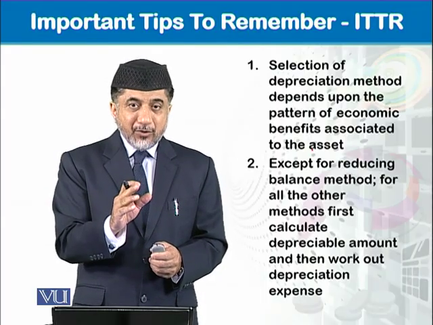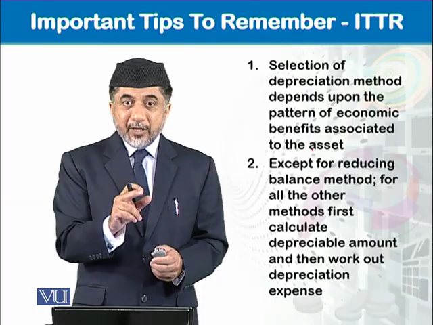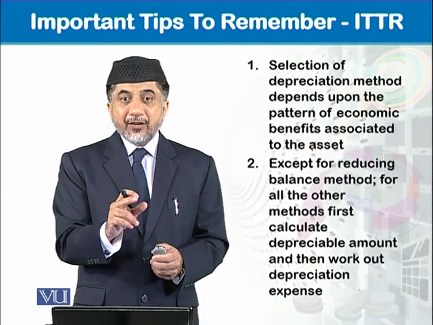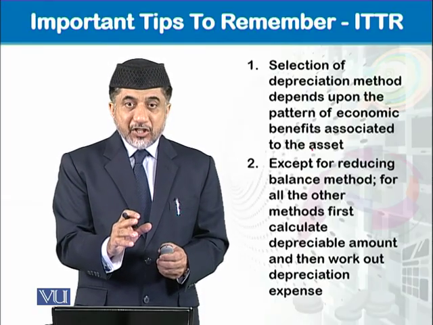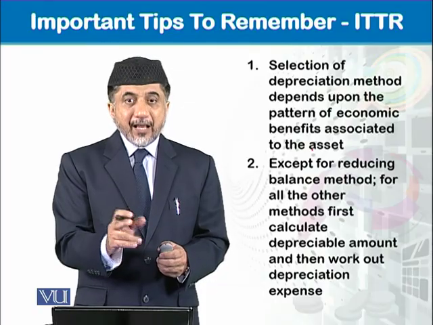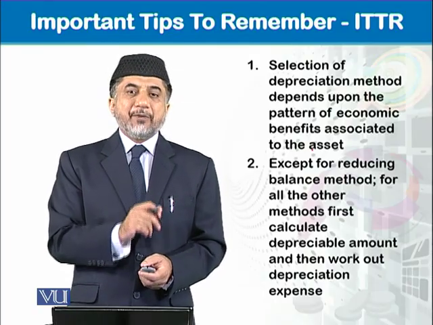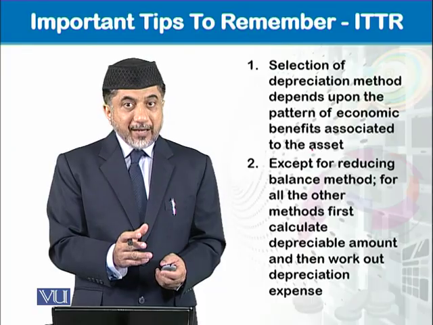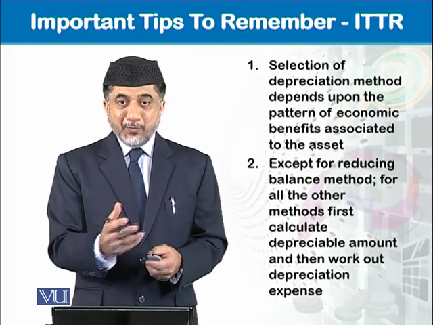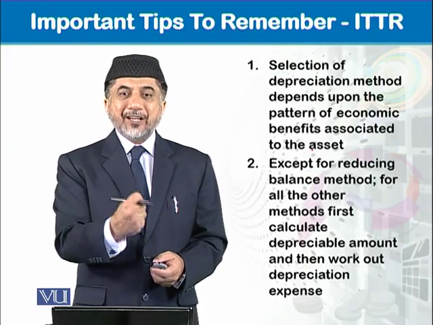So the depreciable amount is to be calculated first in all the depreciation methods except the reducing balance method. We have already practiced it. Please do practice more for your perfection. Thank you.